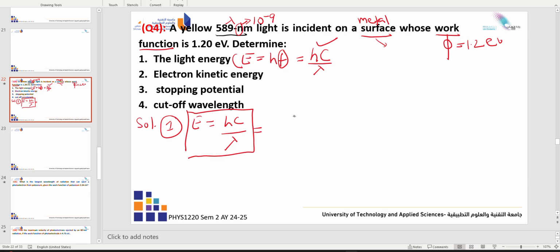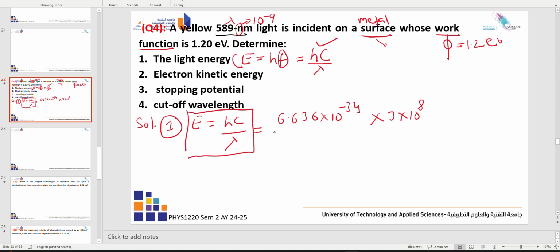The h is Planck's constant, so I am writing the value: 6.636 times 10 to the power minus 34. Then c is the speed of light, and this value will also be given to you, no need to memorize. The value is 3 multiplied by 10 to the power 8.